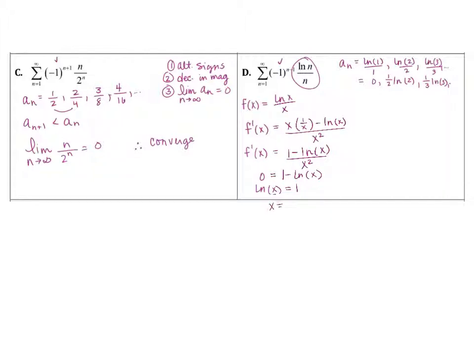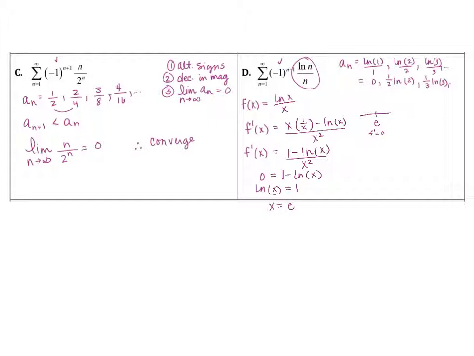So x equals e. So e is a critical number, and at e my derivative, f prime, is going to be 0. So I need to pick a smaller value and a bigger value to see what's going on each side.